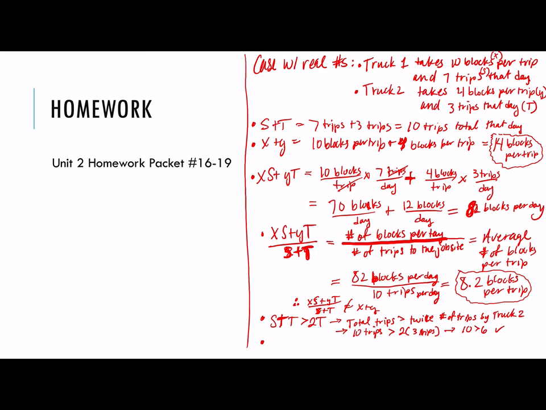The last one, we're thinking about X over X plus Y being greater than 50%. Now, X, again, was the number of blocks per trip for truck 1. So that was 10 blocks per trip. And we're going to divide that by 14 blocks per trip, which is the X plus Y, total number of blocks per trip for both trucks.